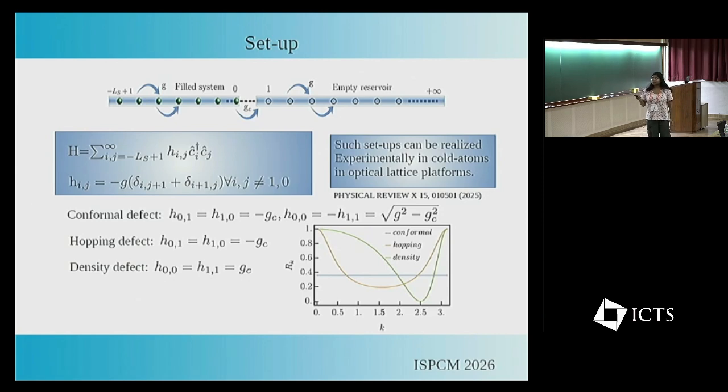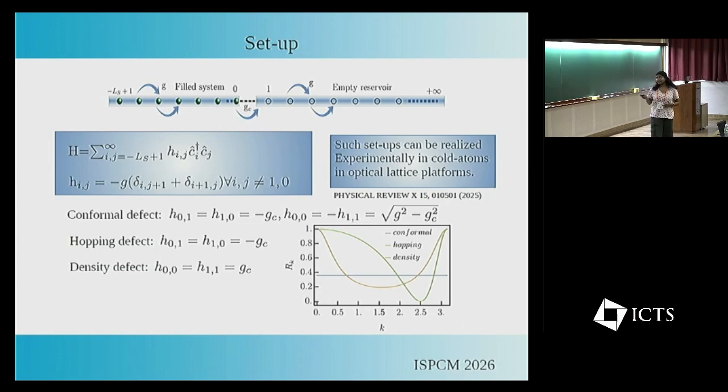For the conformal defect, we can choose the elements of this single particle Hamiltonian like this. For the hopping defect, you can choose like this, and for the density defect, we can choose the small h elements like this. The reason for choosing different kinds of defects is that in the L_S tends to infinity limit, this is nothing but a problem of scattering of plane waves.